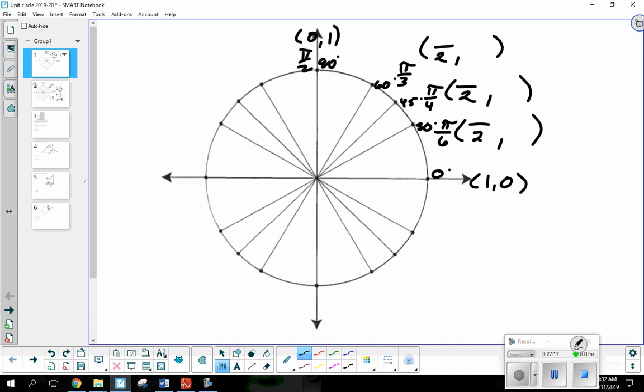So I'm going to divide by 2, divide by 2, divide by 2, divide by 2. If you go ahead and start on the inside track here for the x's, start at the very top, just count 1, 2, 3, and then count up 1, 2, 3. Now take the square root of your numerators. But what's the square root of 1? 1, so you just have to take, okay, in seconds you can get the entire unit circle.